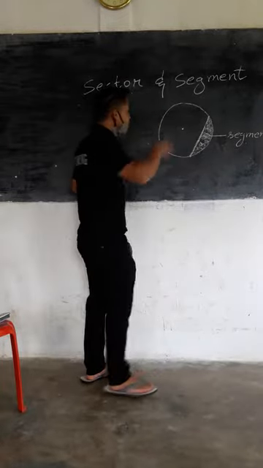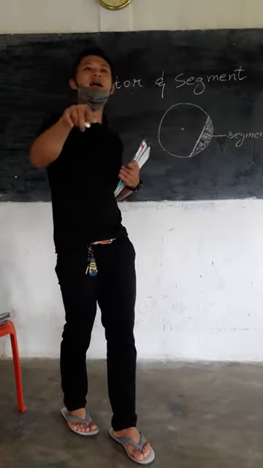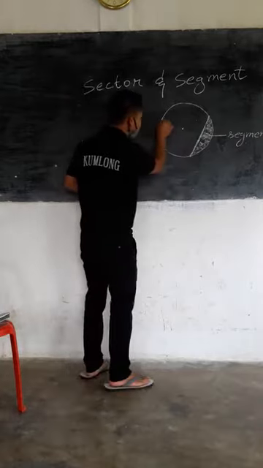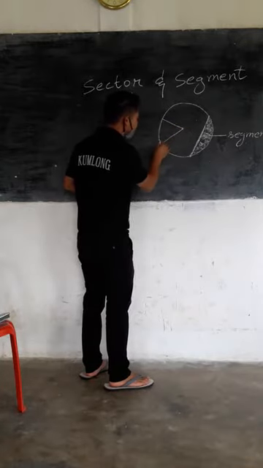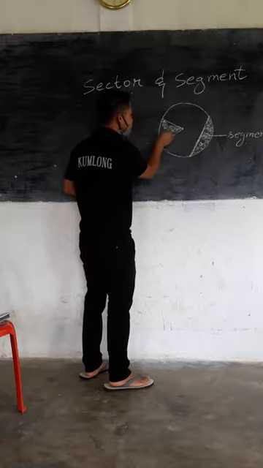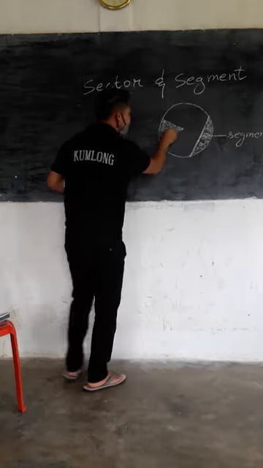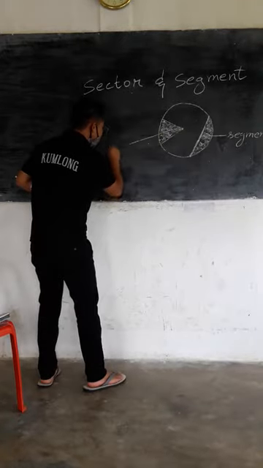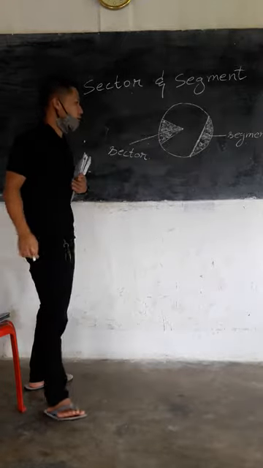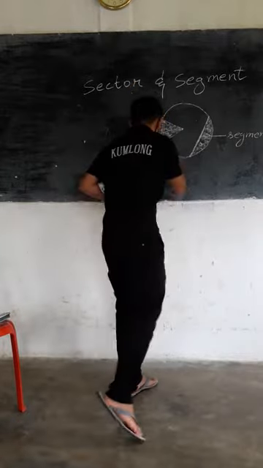Now, what is a sector? The area covered by the arc. What is an arc? This is an arc, and the area covered by the arc is known as a sector. This region is known as a sector. So that is the major difference of segment and sector.